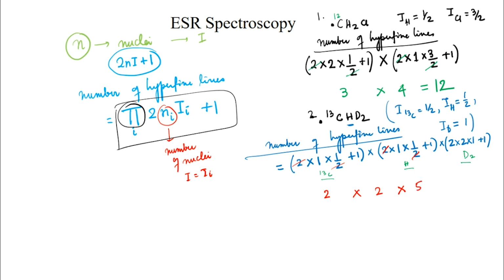So, the number of hyperfine lines we will have here is 2 times 2 times 5, that is 20. This brings us to the end of this lecture and also to the end of electron spin resonance spectroscopy, or ESR spectroscopy.